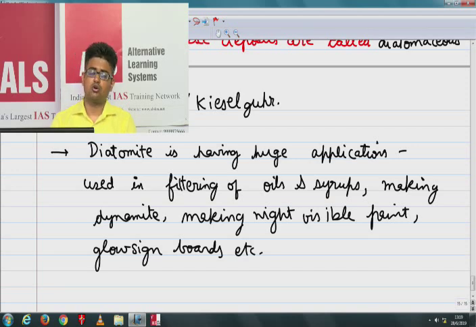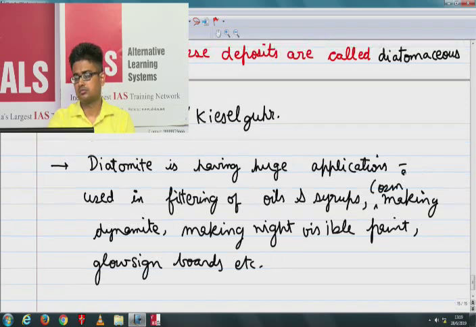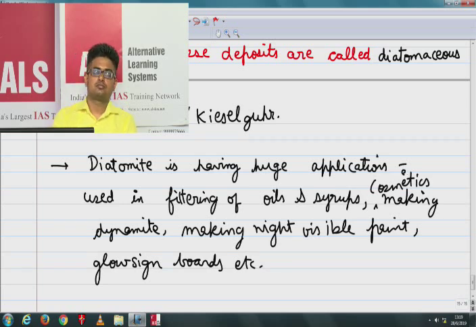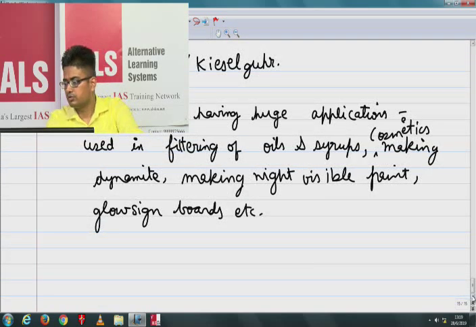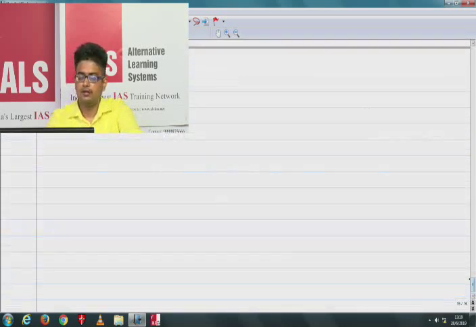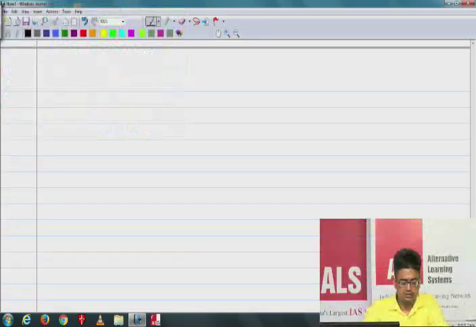It's having huge uses in cosmetics also. Okay. So this is about diatoms.